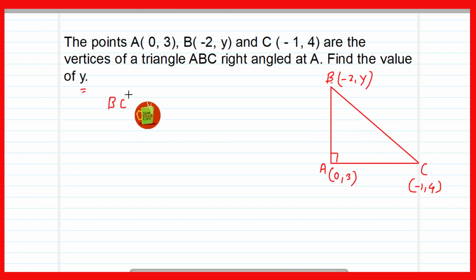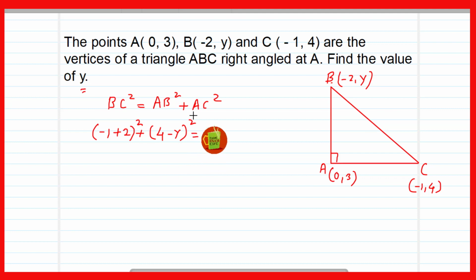Therefore we get BC square is equal to AB square plus AC square. Now BC square will be what? It will be -1 minus -2, that will be +2 bracket square, so it will be (-1 plus 2) square plus (y2 minus y1) square, so it will be (4 minus y) square, which is equal to AB square.